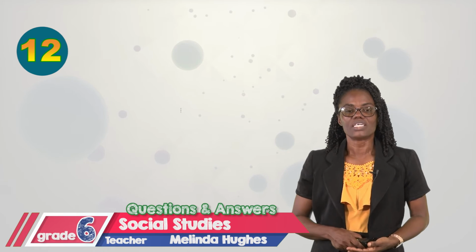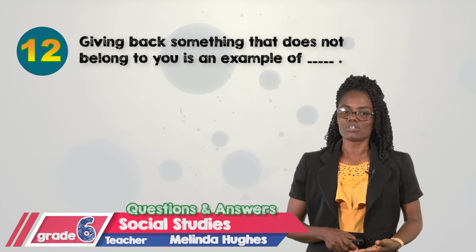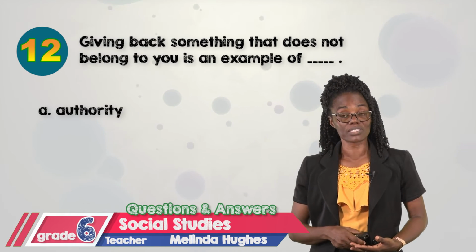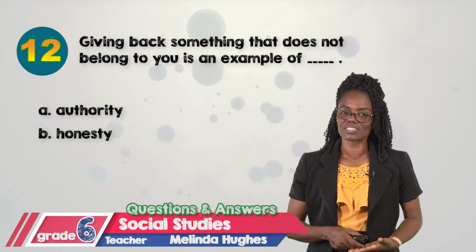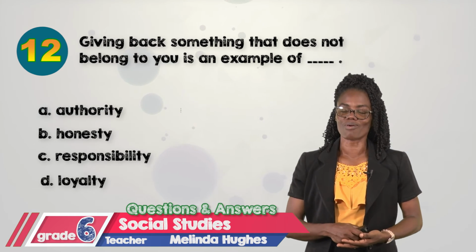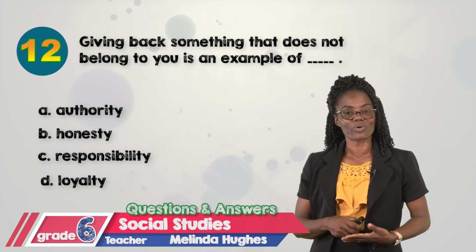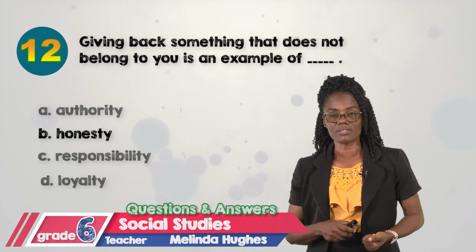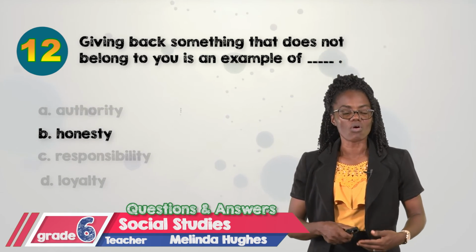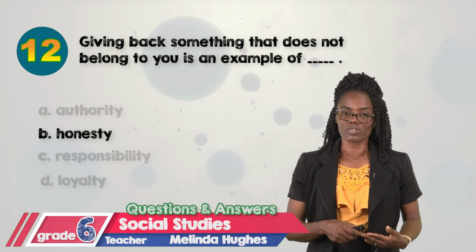Question 12. Giving back something that does not belong to you is an example of A, authority, B, honesty, C, responsibility, D, loyalty. The answer to question 12 is B, honesty is a trait or a quality of a desirable behavior.